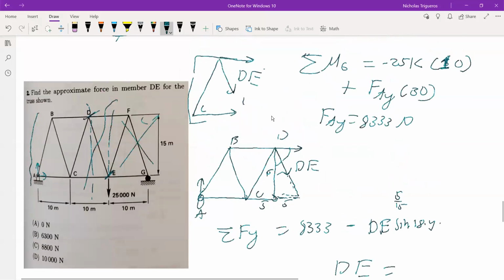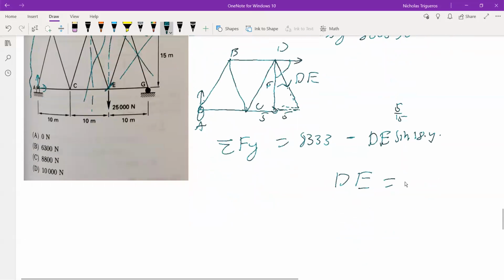So with this, DE comes out to be around 2778. Oh, that's just the x direction of it. This is dx.